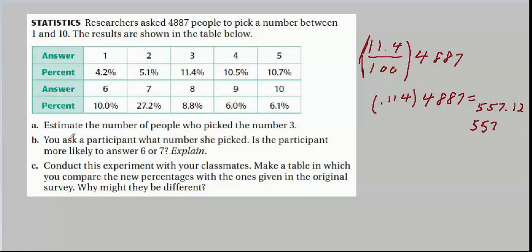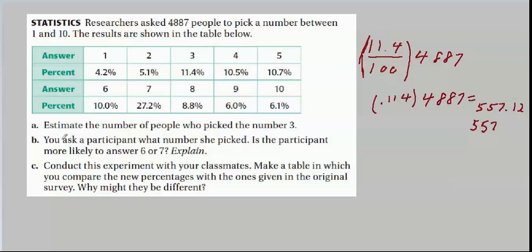I like to phrase the question such as, if you were to pick a person in this study at random, is it more likely that person picked 6 or 7? Leave out the part where you ask. I don't like those kind of questions, because it assumes an honesty in the human race that probably doesn't exist. And I don't see any reason to introduce that into a mathematics class.